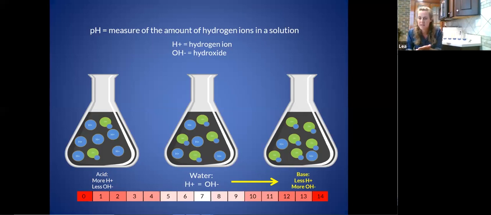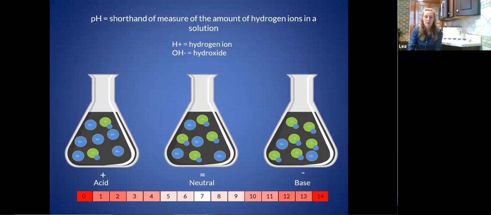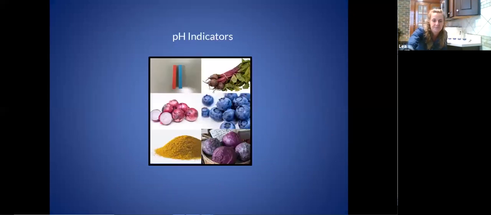So now we have a base, okay? To sum up, the pH numbers are essentially our shorthand for the concentration of hydrogen ions. Whether it's an acid or a base depends on whether those hydrogen and hydroxide ions are equal. Acids have more hydrogen ions, and bases have fewer, okay?